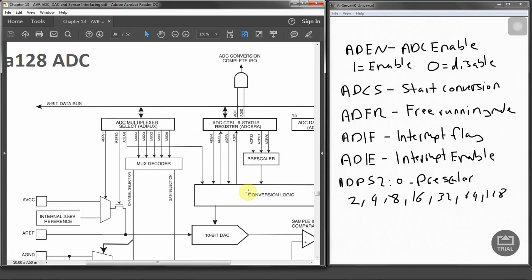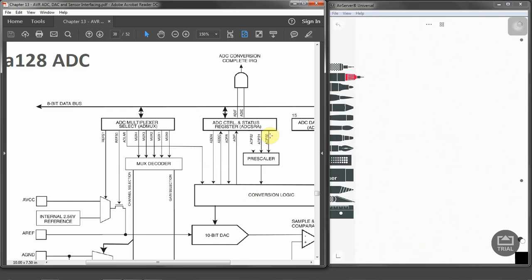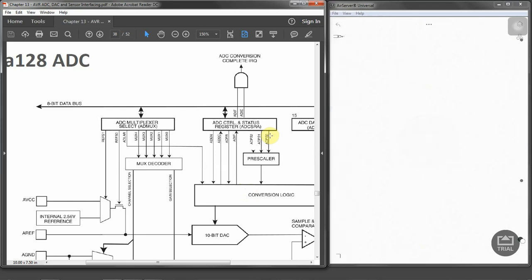And before we carry on, I just want to show you why 200, why we need a prescaler. So for example, if we have an 8 megahertz clock, and we configure ADPS 2 down to 0 to be 001, this will give us the clock divided by 2.